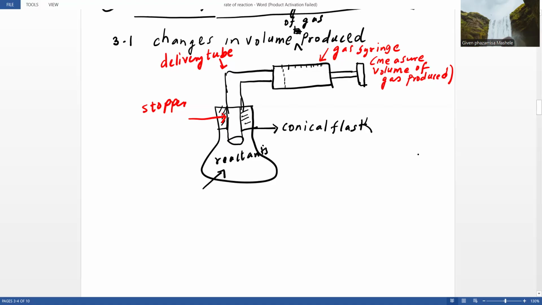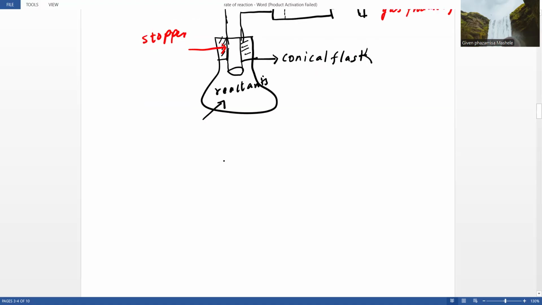Graphically, in terms of the information that we're going to get, we'll be looking at time and the volume of the gas.